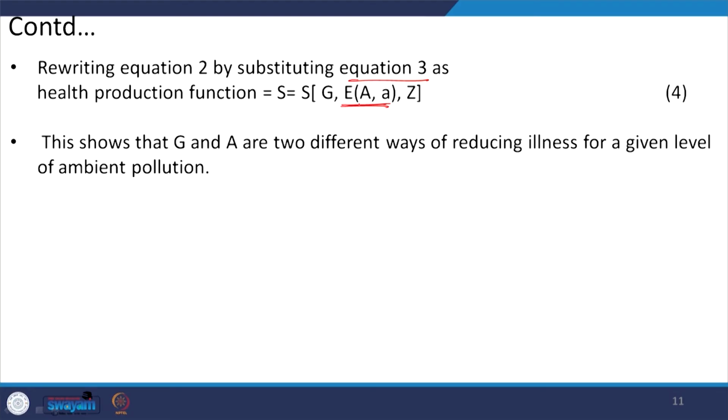This will show that these two variables, G and A, are the two different ways of reducing the illness for a given level of ambient pollution. Given this ambient pollution and other exogenous factors, these are the two variables which are the ways of reducing the illness for this level of pollutions.